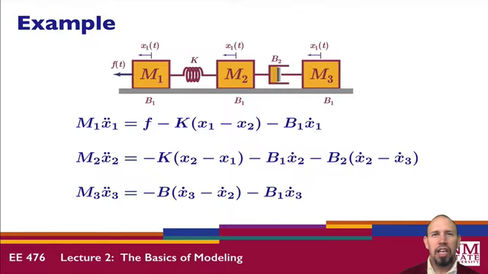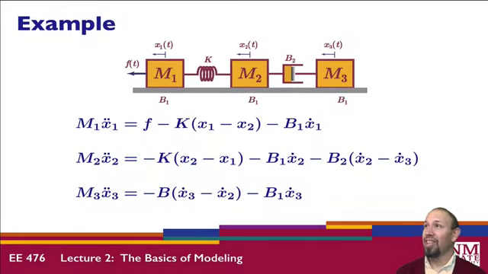Okay, so these are the kinds of equations we get. So now we could, for example, get the transfer function from the input f to the position, that should say x3. Okay, that's better. Now I've fixed those.